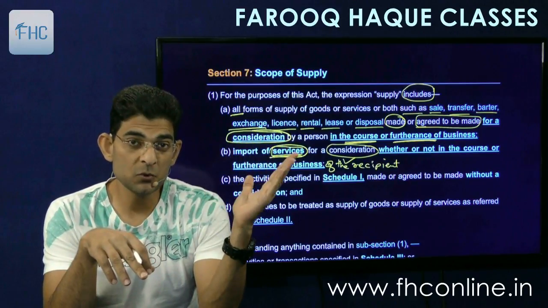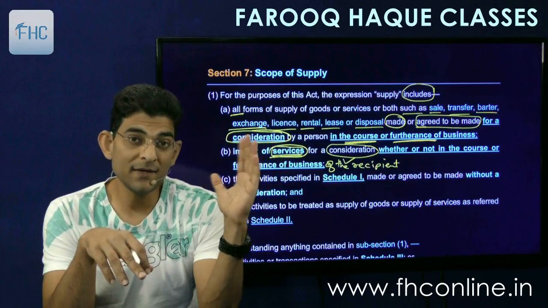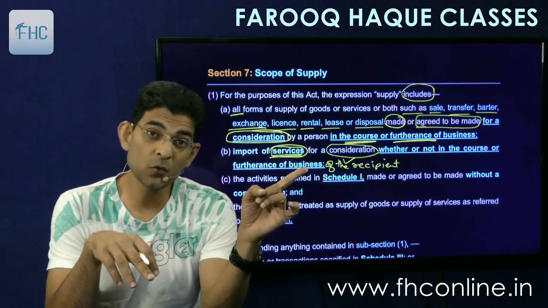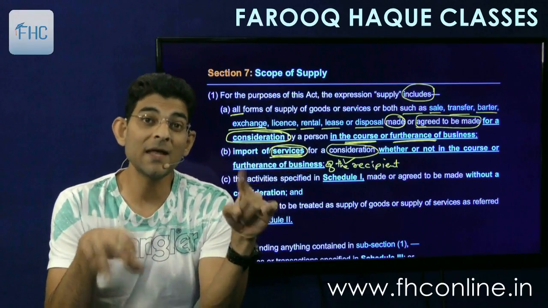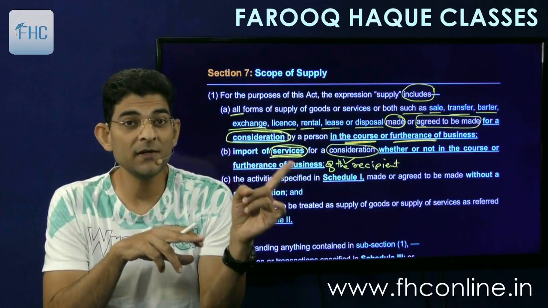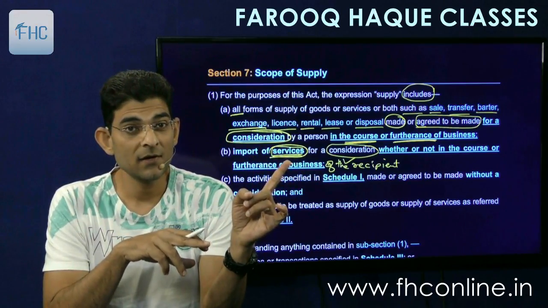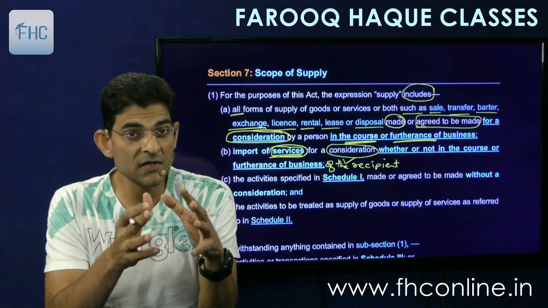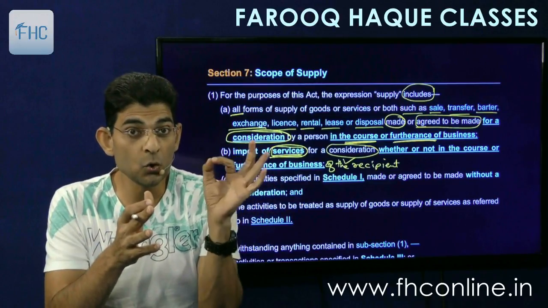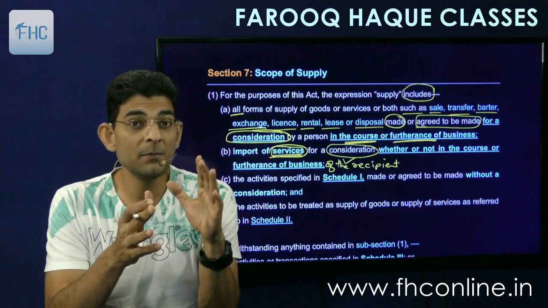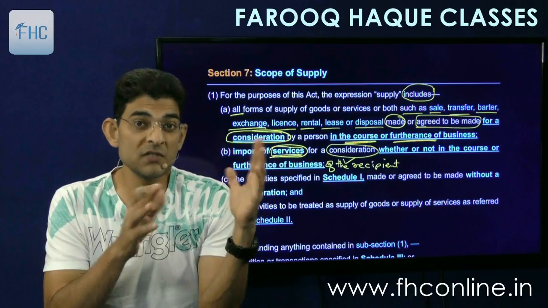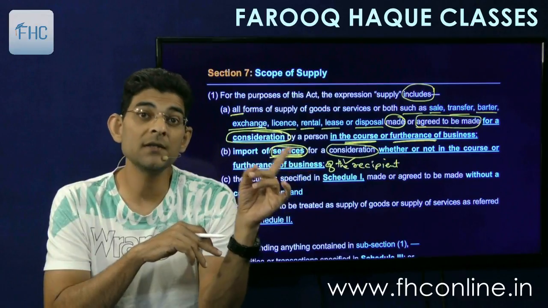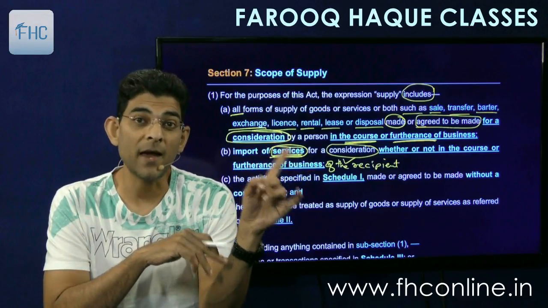So you impose customs duty on importation of goods, and in customs you also impose the GST indirectly in the name of integrated tax. We also call it as CVD, countervailing duty of GST. So on all imported goods there will be a countervailing duty of GST imposed under the Customs Tariff Act.